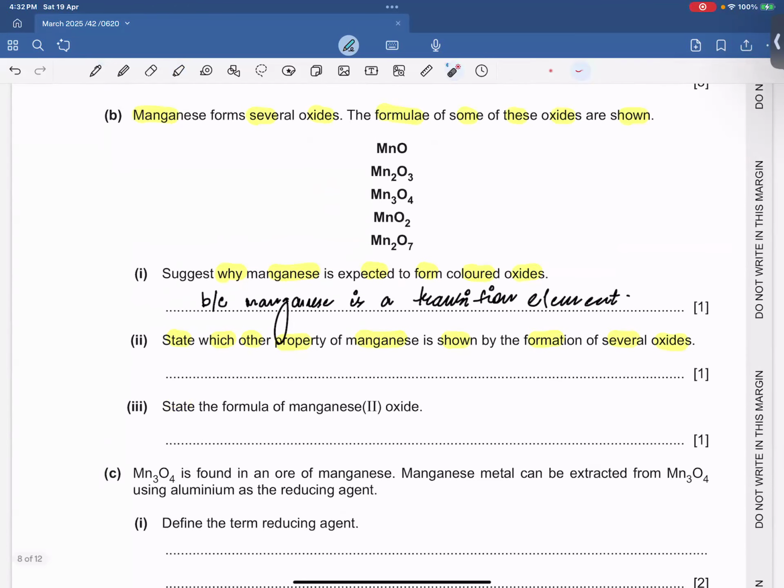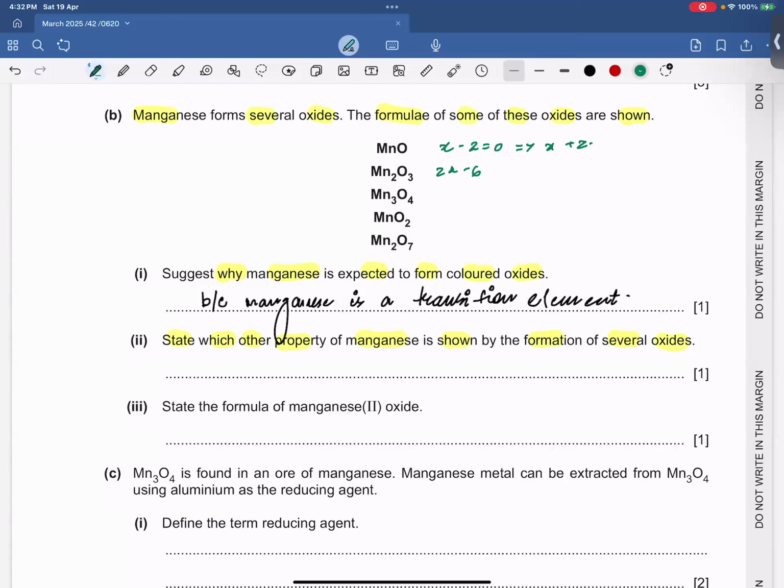So look at these oxides. Over here we have +2. Over here we have +3, +4. This is +5. This is +4, and this is, I believe, +7. Okay, so they have shown different oxidation states. Let me calculate. x minus 2 equals 0, then x equals +2.